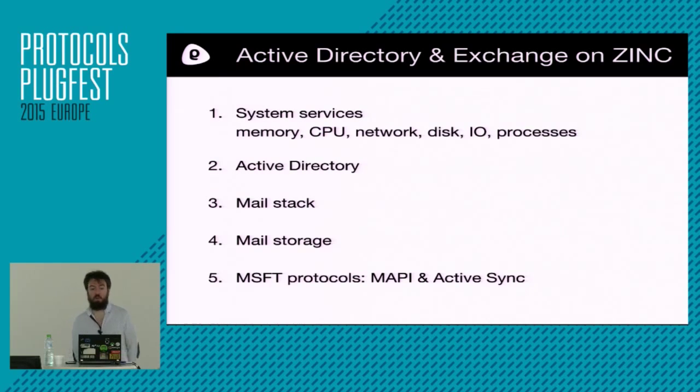There are 5 areas that you should be monitoring when deploying things. First of all is system services and system metrics. What you would be monitoring in any server: memory, CPU, network, disk I/O, input, output, and processes.